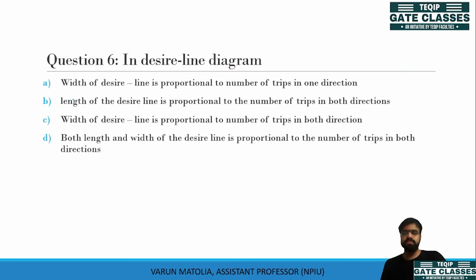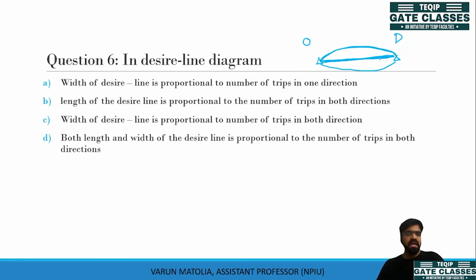The next question is a theoretical question, and it is based on OD study. The question asks about the desire line diagram. What is a desire line diagram? If we have an origin and a destination, a starting point and an end point, and these are three routes, we draw the number of trips between these two locations from each route.